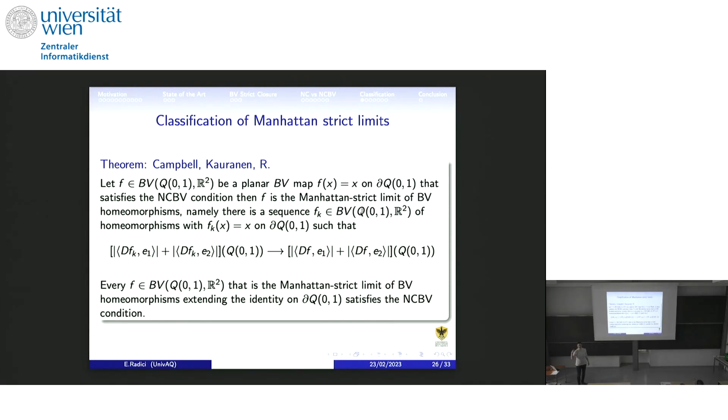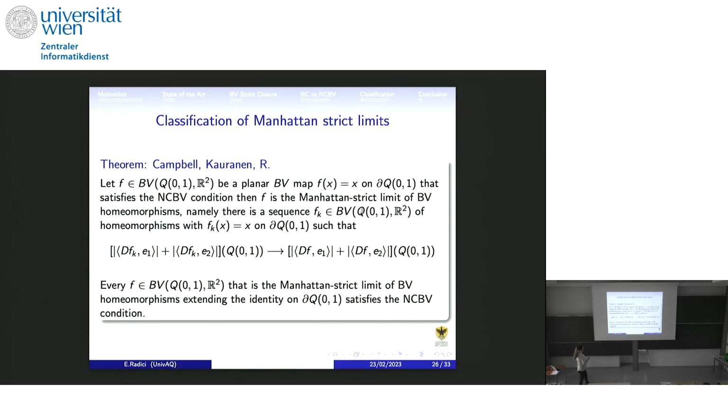Whenever you have a sequence of homeomorphisms in BV, being the identity on the boundary from the unit square to the unit square, if this sequence is Manhattan strictly converging, then the limit map is NCBV. The other way around, if you take a BV map that is NCBV, then you can construct a sequence of homeomorphisms which is converging like this, okay?